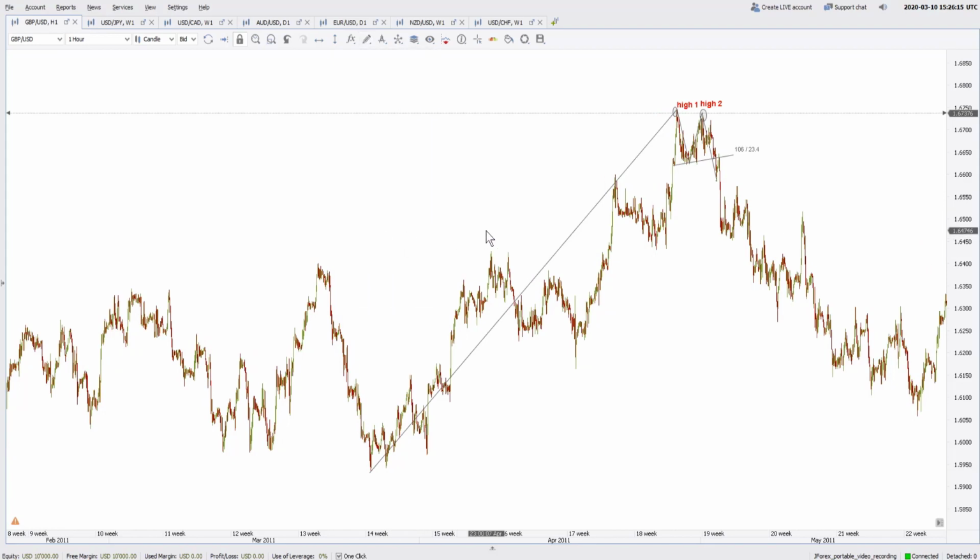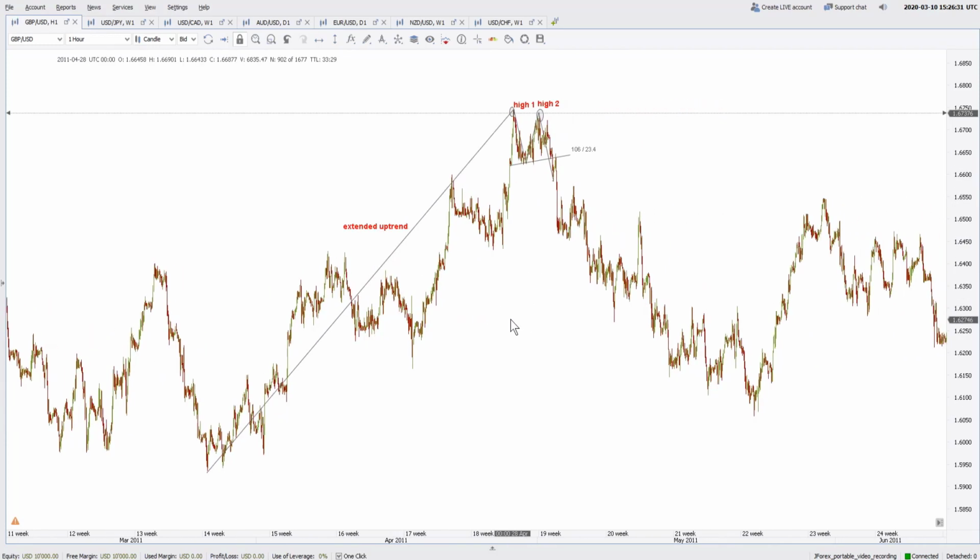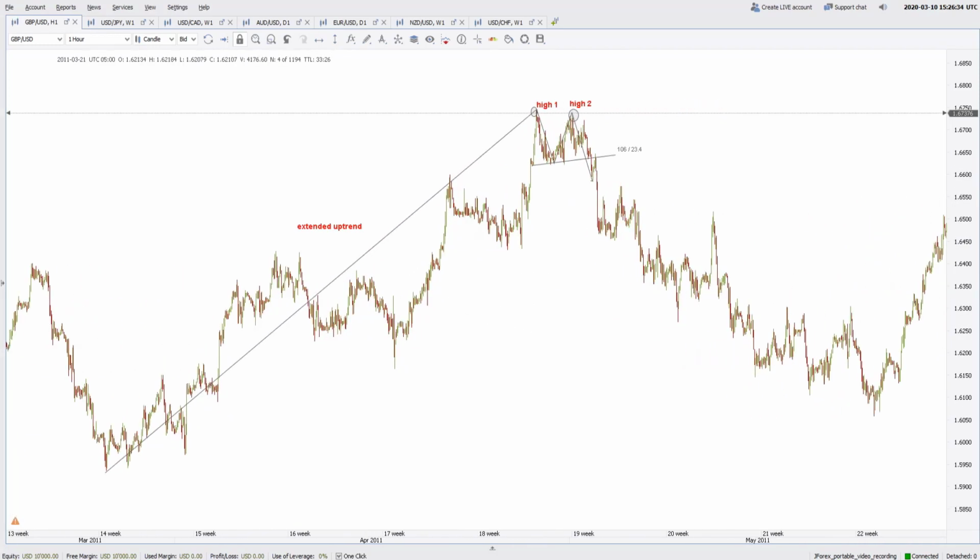For your sake, I will mark it. Friends, you need to be very sure that there should be an uptrend and it should be an extended uptrend.